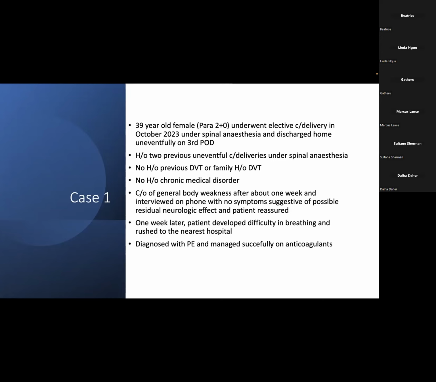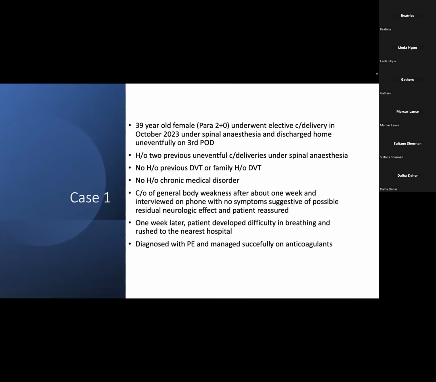And the aim was to find out if any of the symptoms could suggest residual neurologic effect of the anesthetic that was given to the patient. This was fairly non-specific. She said that she even all of a sudden felt weakness in her hands and almost dropped the baby. So I just reassured the patient and literally forgot about the patient.